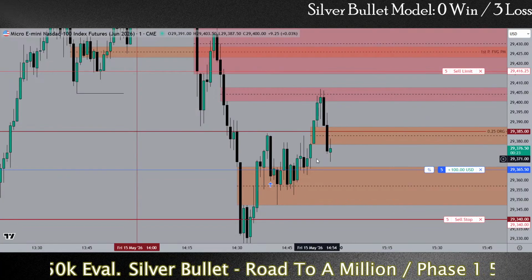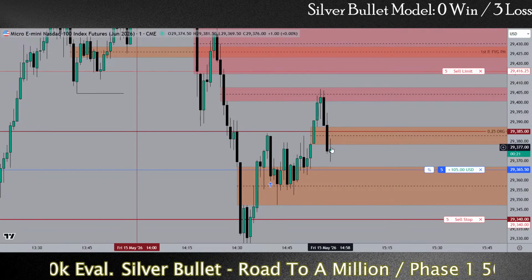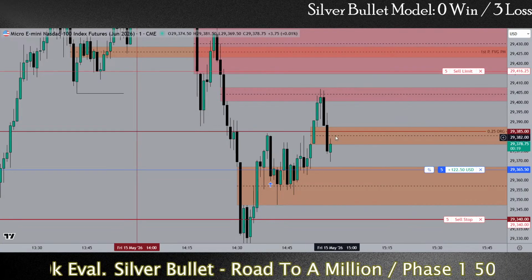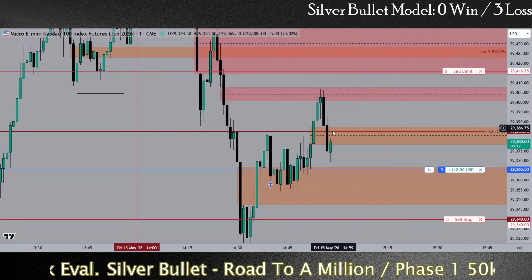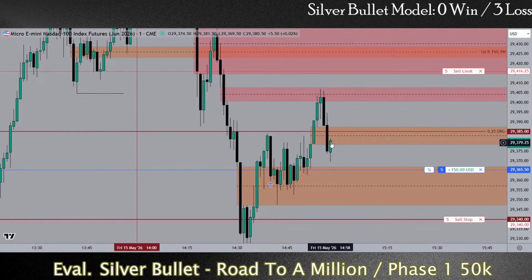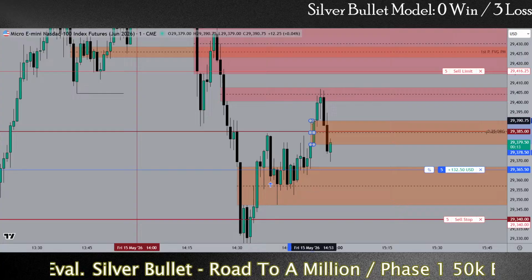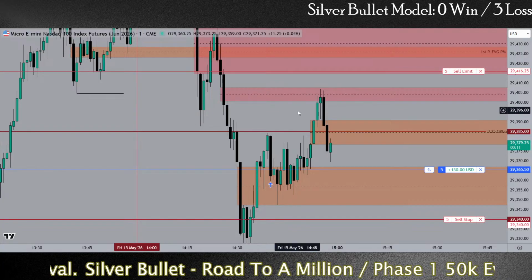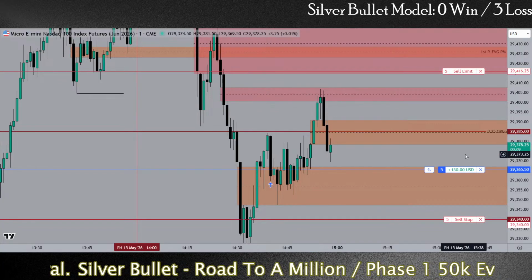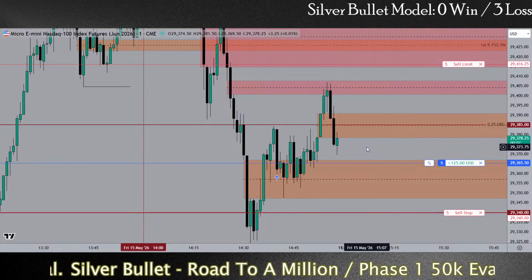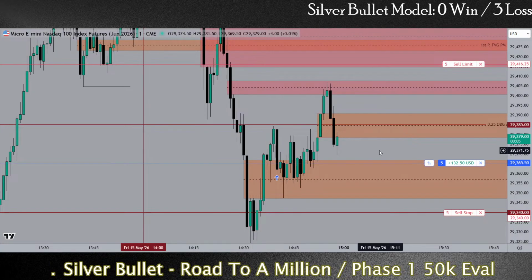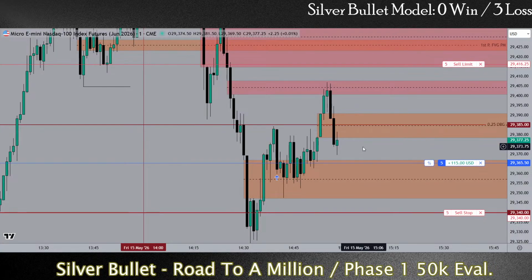We closed below it right away. Now on the return to it, it's important to not show any inversion characteristics, because if it does, then I'm likely to get stopped out eventually.